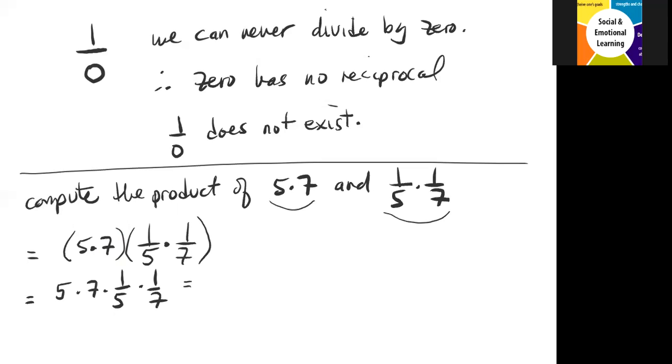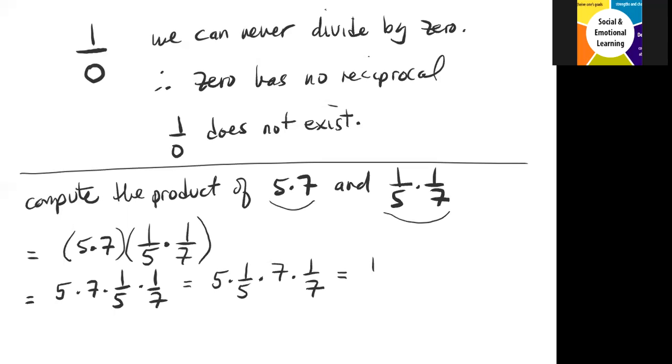What happens when I get 5 times 1/5? What does this product end up being? 1, exactly.